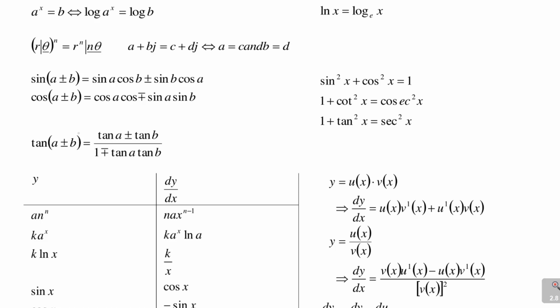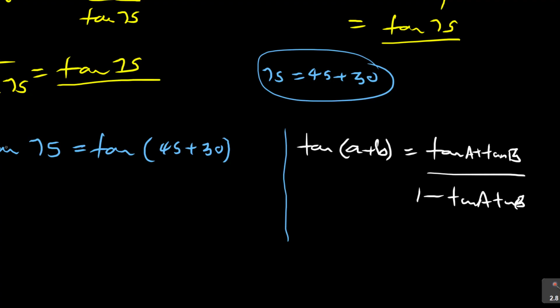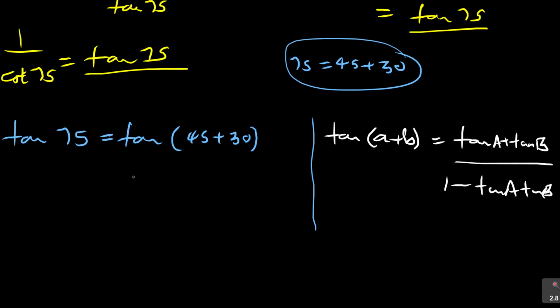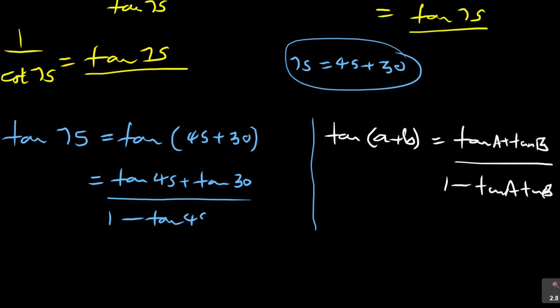It's tan a plus tan b over 1 minus tan a tan b. So that's fine. If I use this here, it's going to be equal to tan 45 plus tan 30 over 1 minus tan 45 times tan 30.